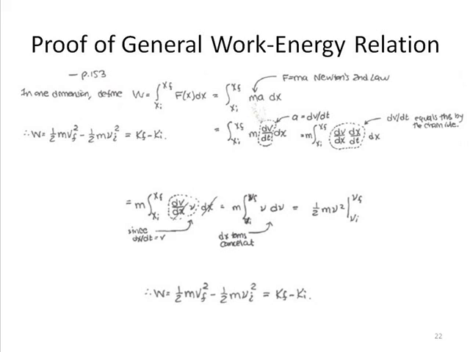The end result is the work equals 1/2 mv final squared minus 1/2 mv initial squared. But we recognize those two terms as being the definition of the final and initial kinetic energy. Therefore, we see that even if we have a variable force, the work equals the change in kinetic energy.